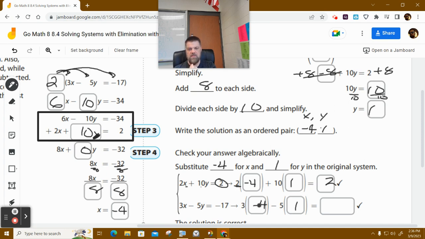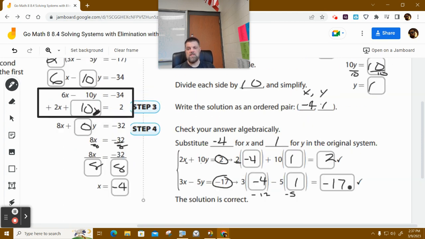What's 3 times negative 4? Negative 12, right? I'm just going to jot this down. What's negative 5 times 1? Negative 5. What do you get when you add those up? Yeah. And so that was this one here. So yeah, it works. The solution's correct.